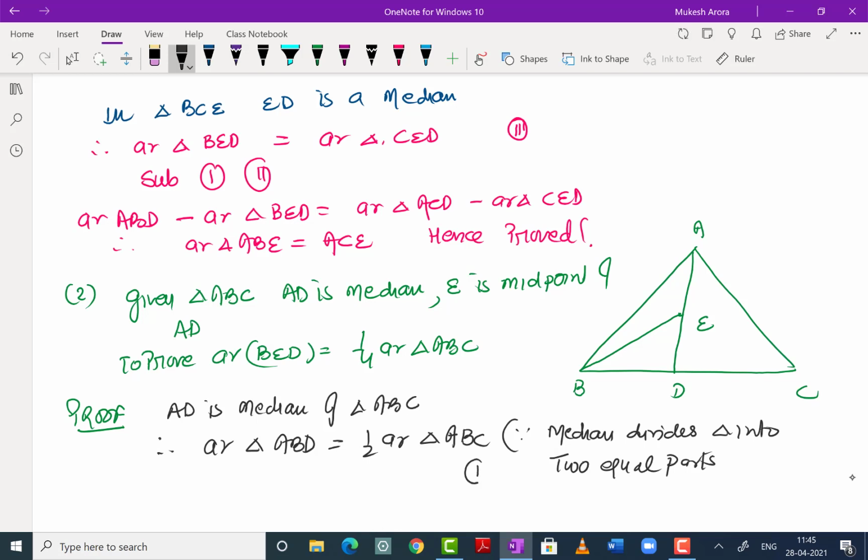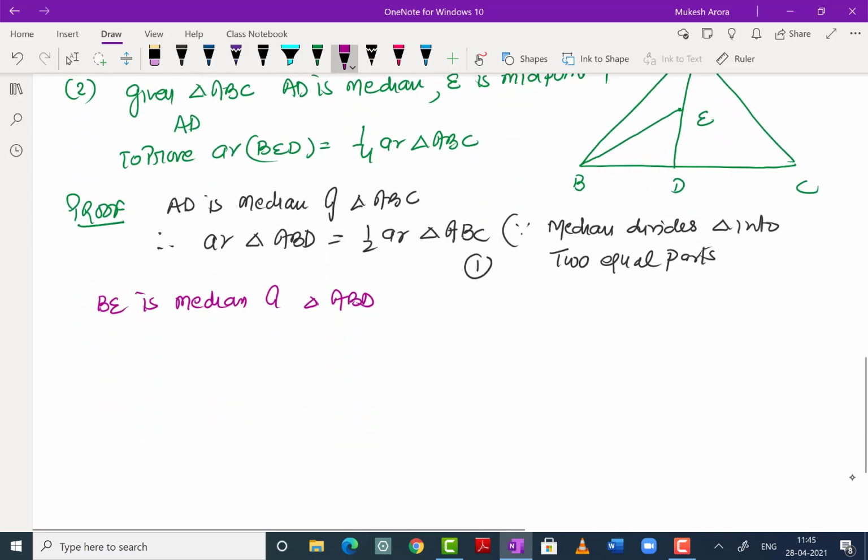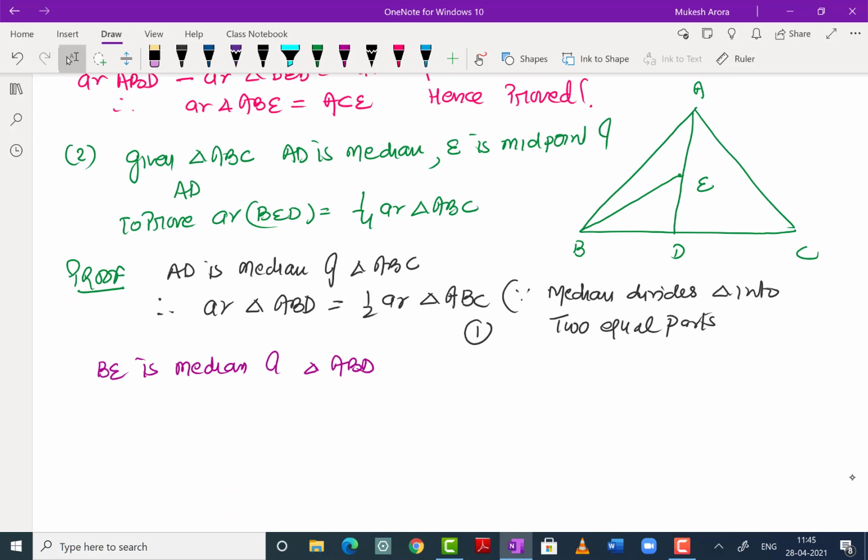This is number 1. Number 2 is BE is median of triangle ABD. This is the median of this. Therefore, area of triangle BED is half the area of triangle ABD.